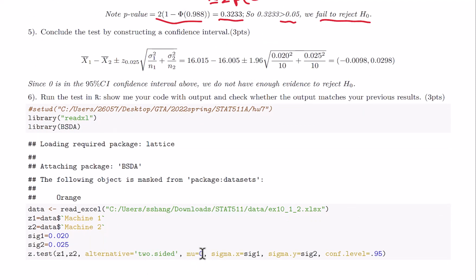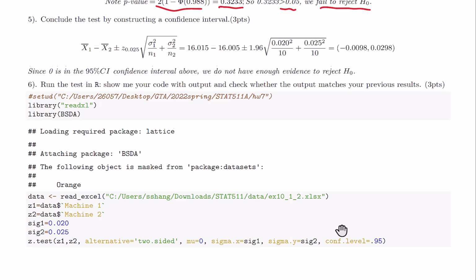Here mu is the hypothesized value, right? The mean difference is 0. That means mu1 equals mu2 if the null hypothesis is right. And then the confidence level is 95%. We have to specify this sigma x and sigma y right here, these two numbers.